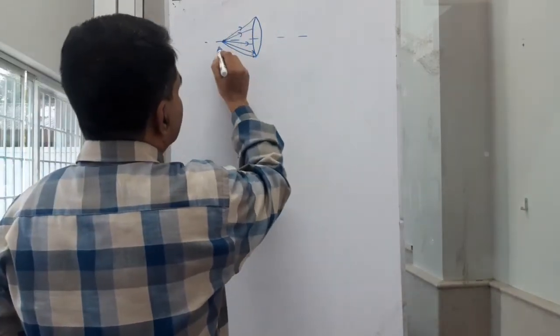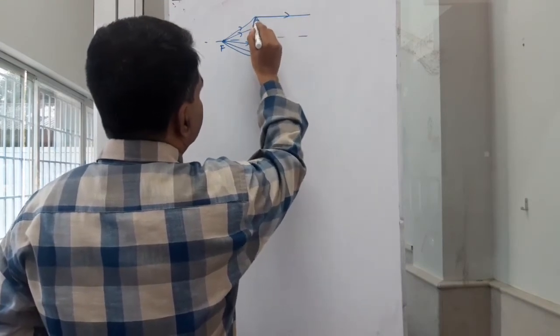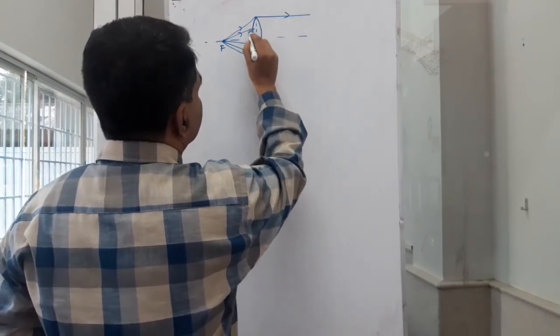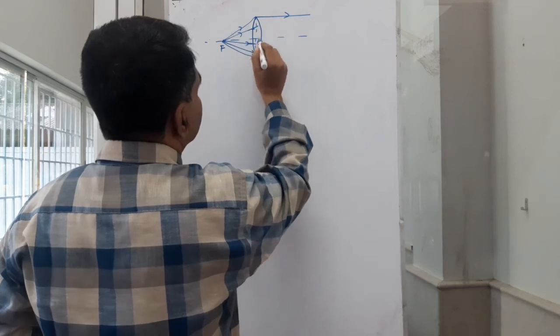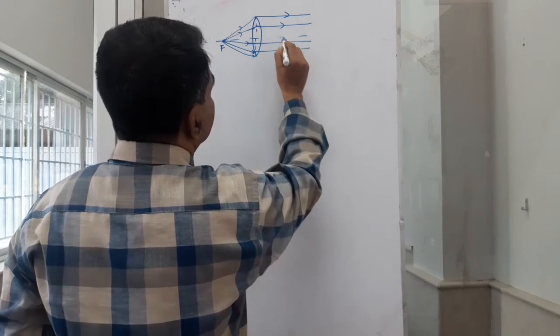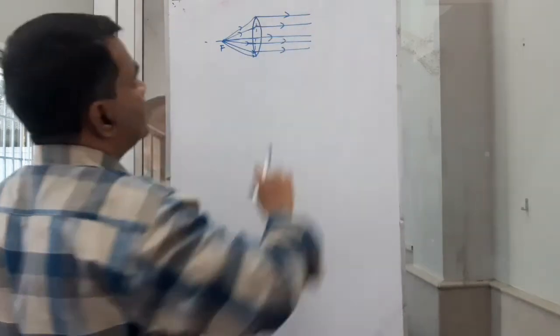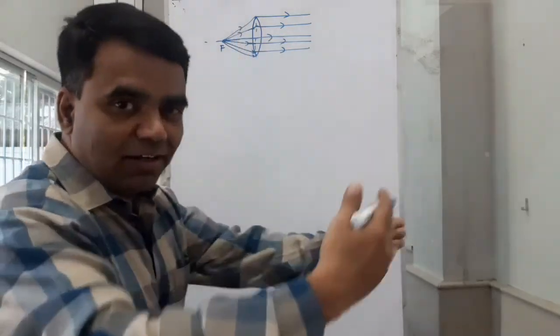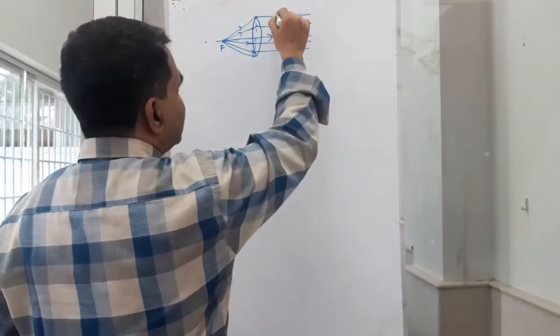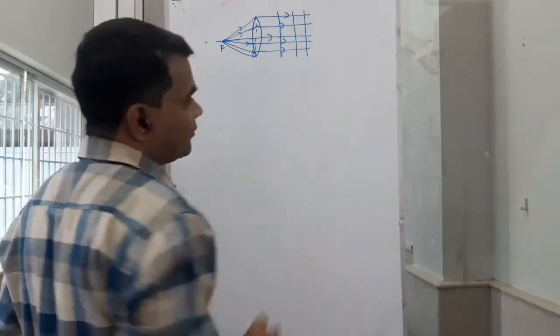And after hitting the lens, they will go straight. So, if they are parallel, then they have to be a plane wavefront. Okay? So, the wavefront is plane wavefront.